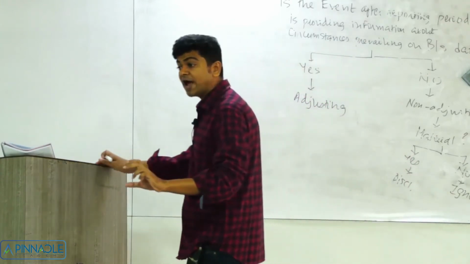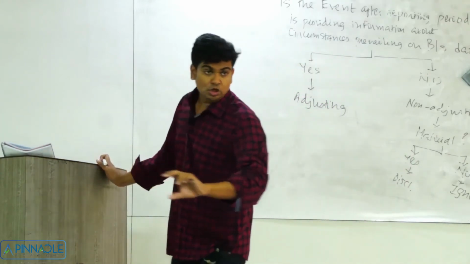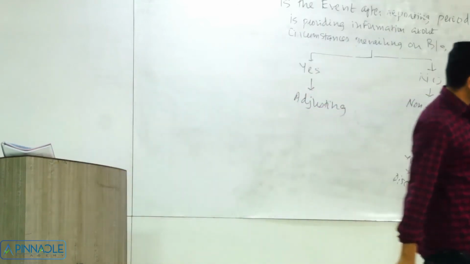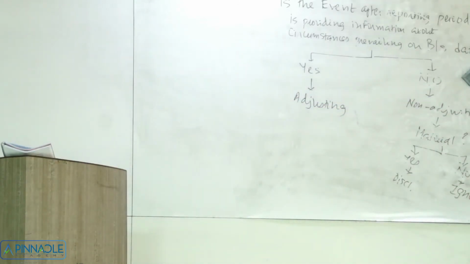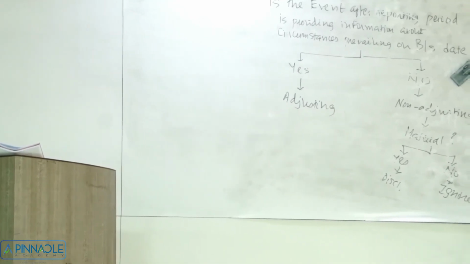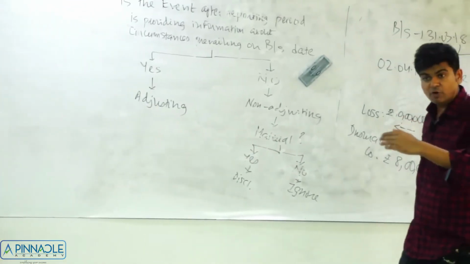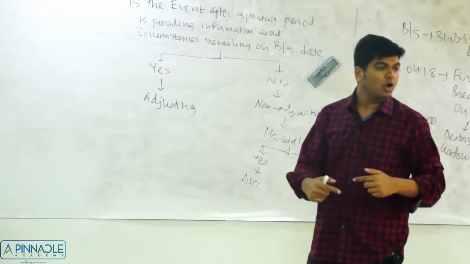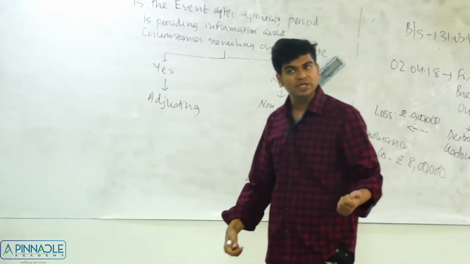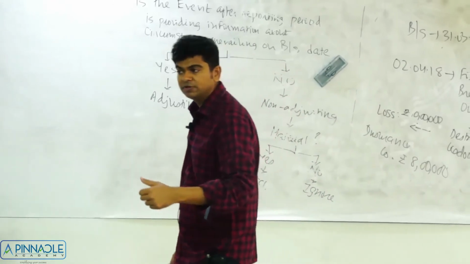You cannot give effect before it. If my acquisition date is 1st April 18, effect can be given only on 1st April 18. Negotiations were happening even before, but I cannot argue this as an adjusting event and give the effect of the merger.